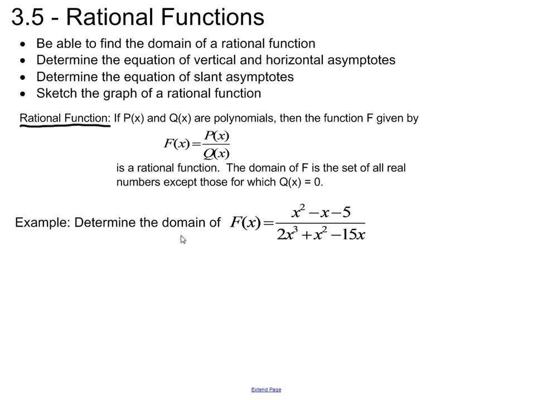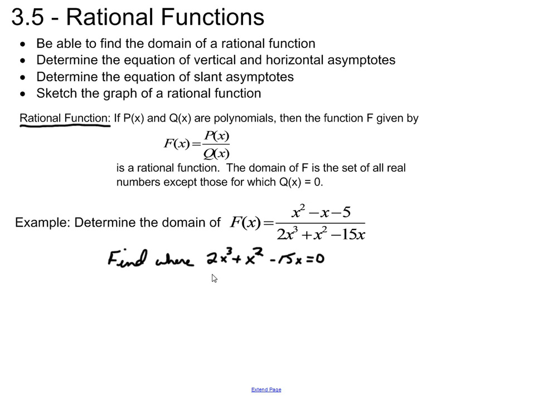If we're interested in the domain, regardless of however else this function might be reduced, we definitely want to be able to find the domain by finding where the denominator, in this case 2x cubed plus x squared minus 15x, is equal to 0. As the statement above says, the domain of f is the set of all real numbers except those for which q of x is equal to 0.